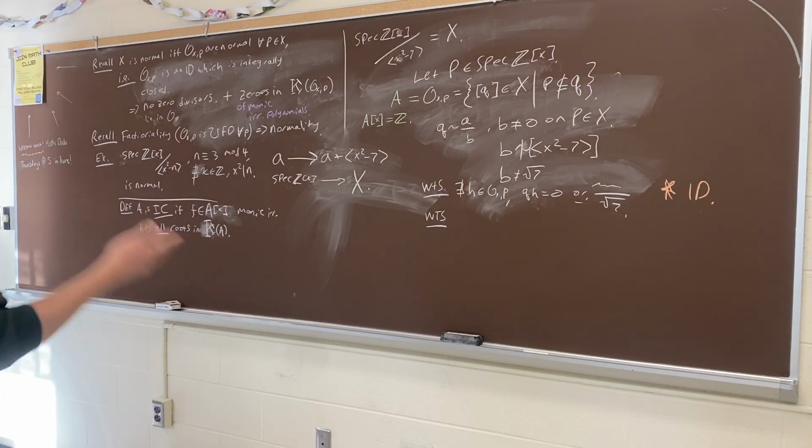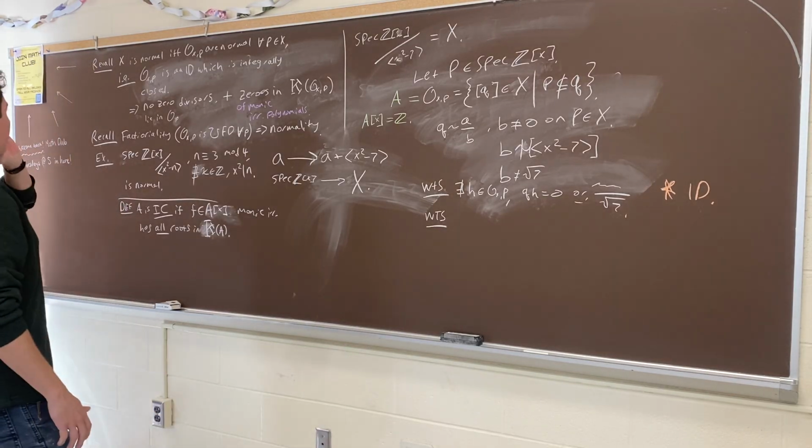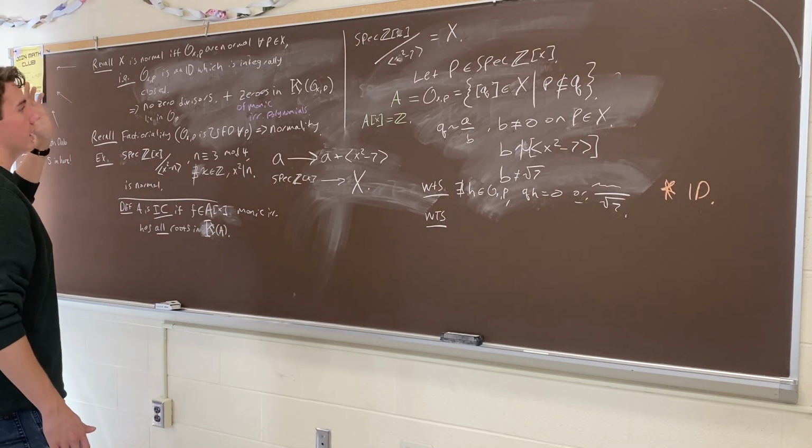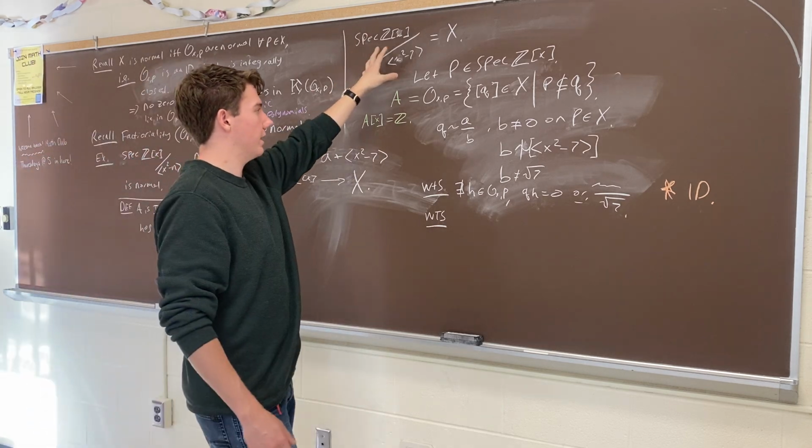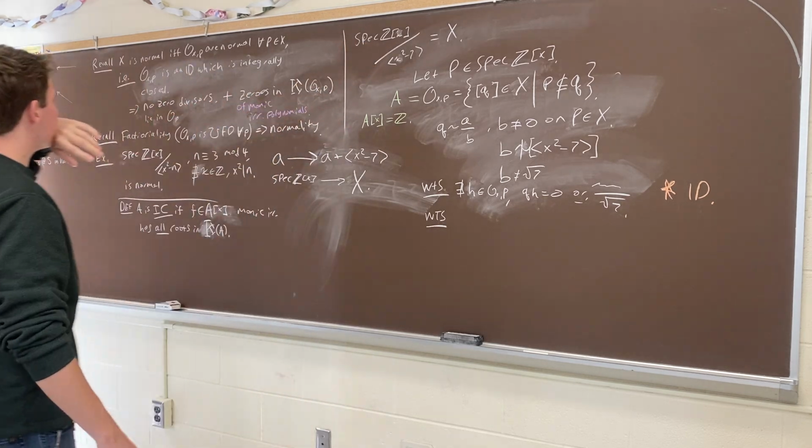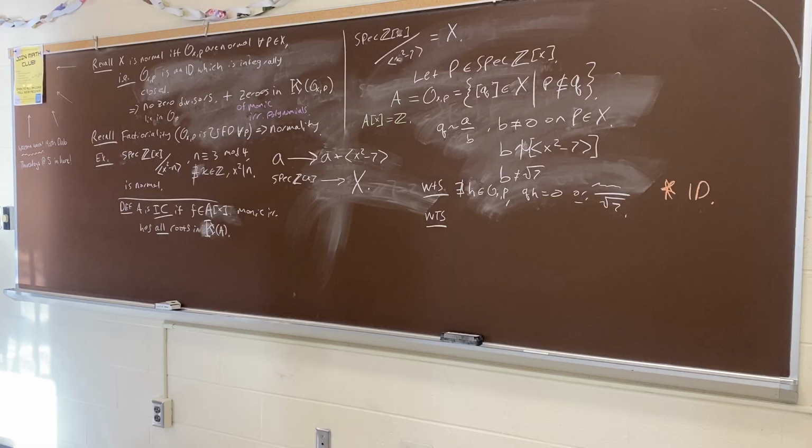The way we're supposed to do this is we're supposed to show that this is a unique factorization domain, which means that we can put anything in it and we should be able to get a unique factorization up to units. And the unit in this case is going to be, or would they be primes or units in this case?